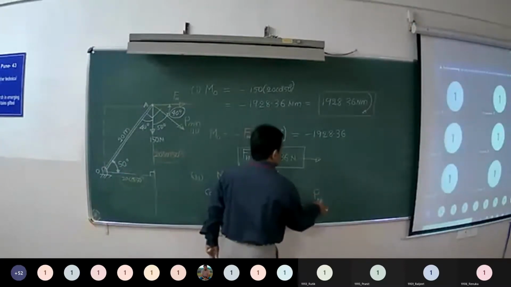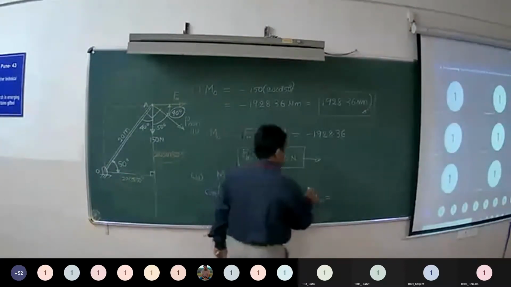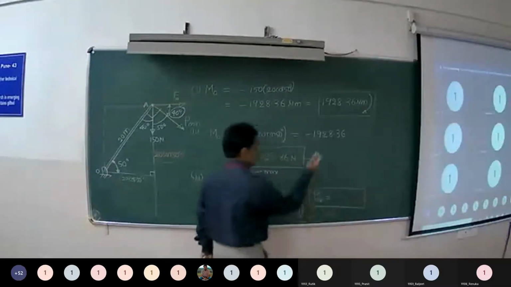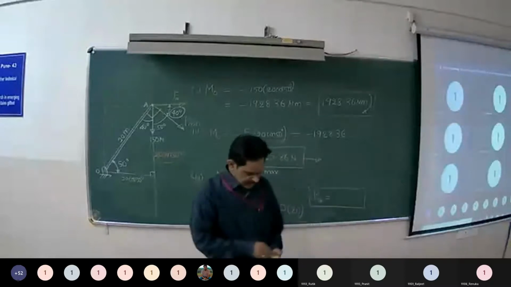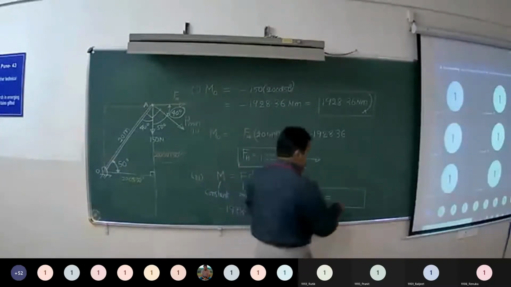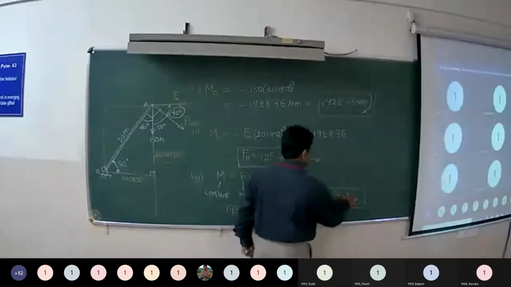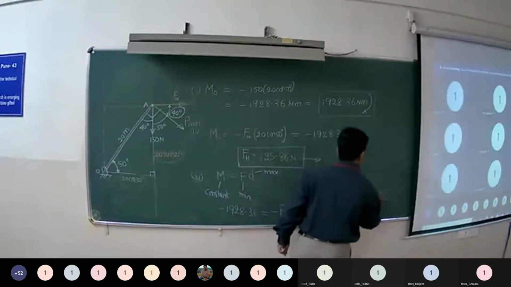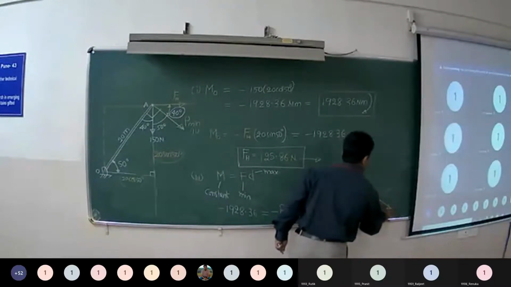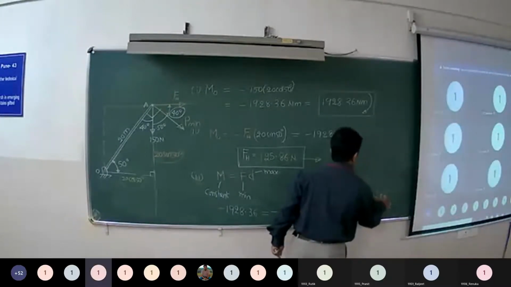That gives you the minimum force which creates the same moment about point O. 96.42. But what is the direction? Making 40 degrees with horizontal.